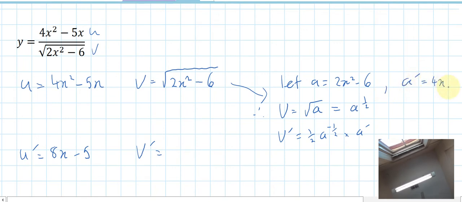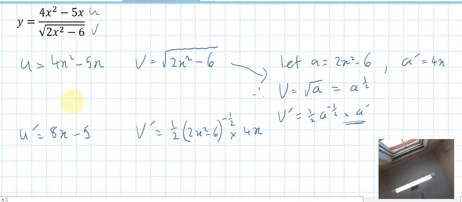Not too bad. So V dash is a half, bracket, whatever a was, which is 2x squared take 6, to the power of minus a half, multiplied by a prime, so multiplied by 4x.